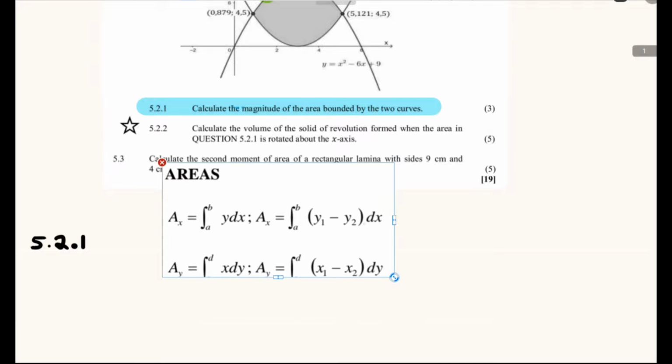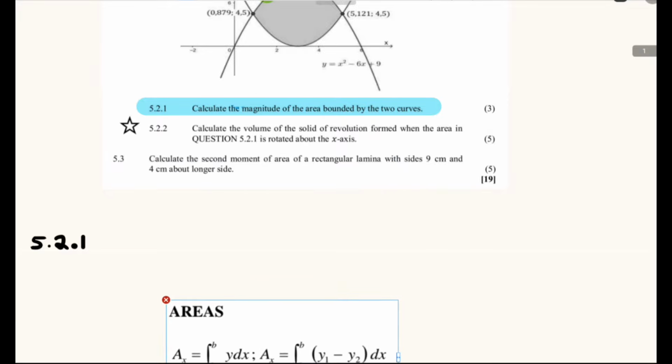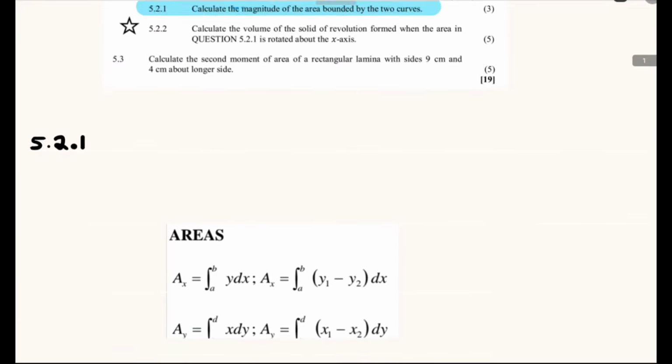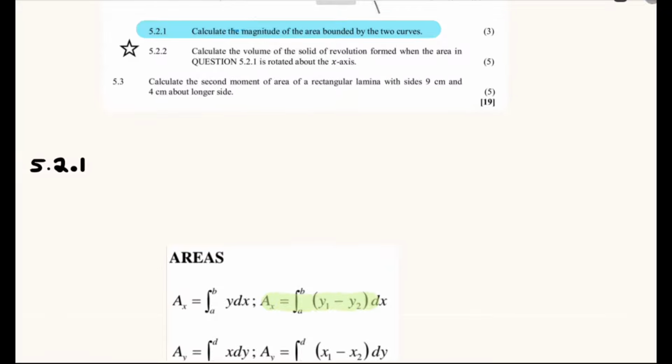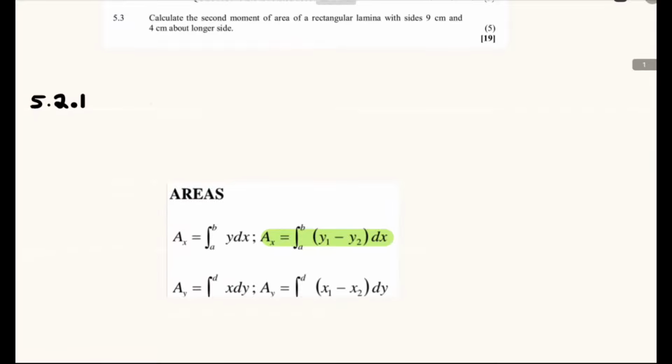We have two graphs which make y the subject of the formula, so we use that formula. So we have the area equal to the integral from the point A up until the point B of y1 minus y2 dx.